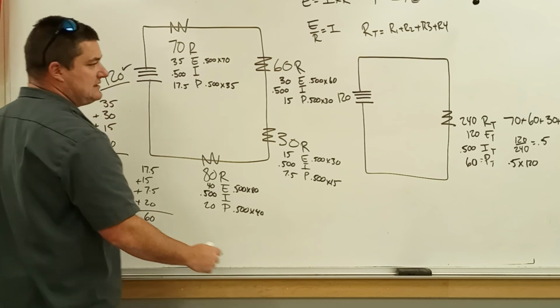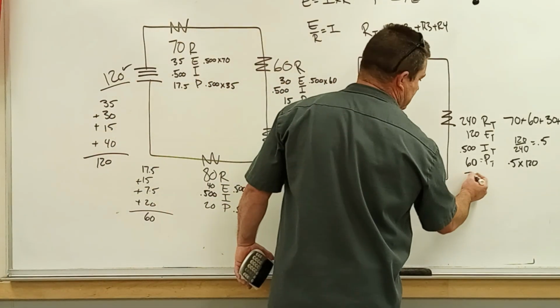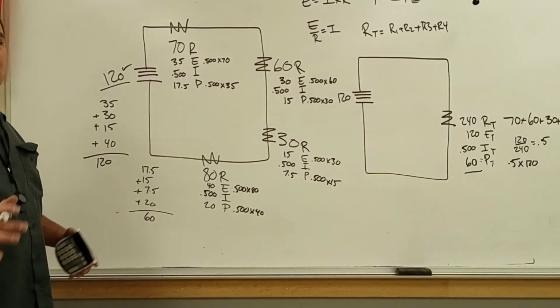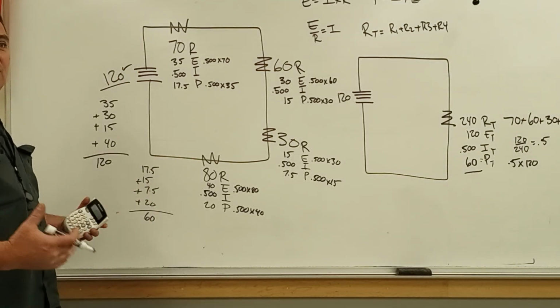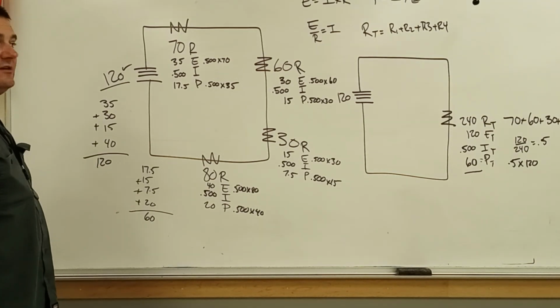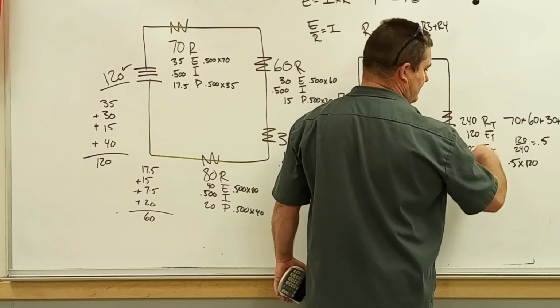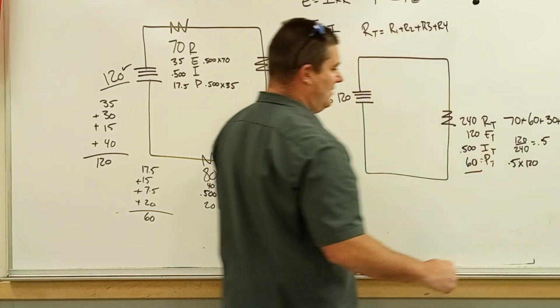We end up with 60 watts, the same thing we had on our final circuit. So then we know we did everything correct because all of our totals match to what we solved for all of the totals. So resistance total, voltage, current, and wattage total.